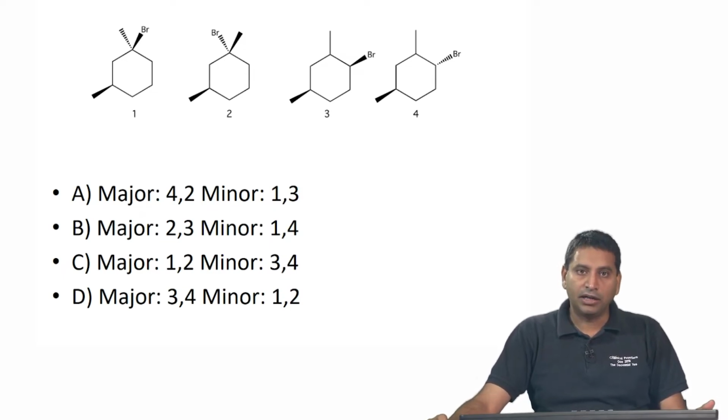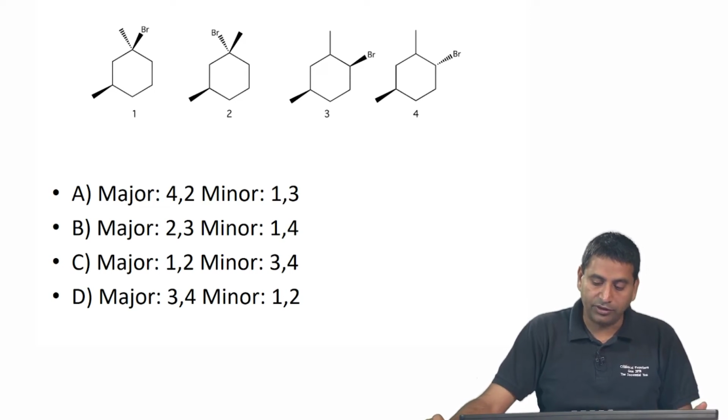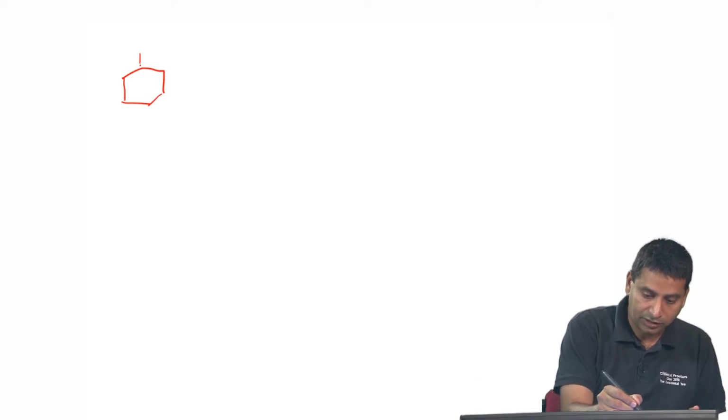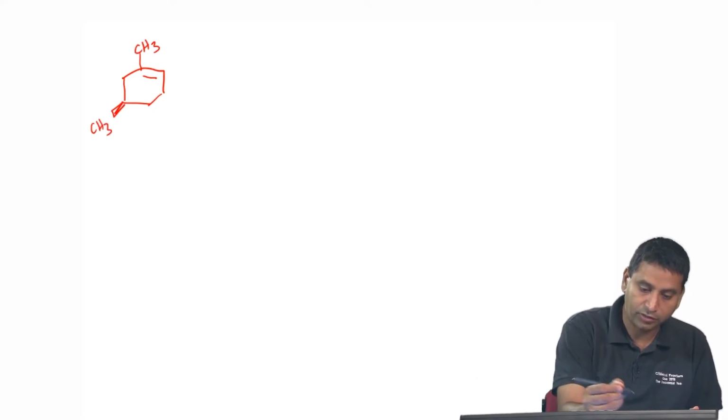So, let us go back and draw again the reaction that we are looking at. Let me draw that over here. This is methyl cyclohexene, and then there is a CH3 over here and a CH3 over here.